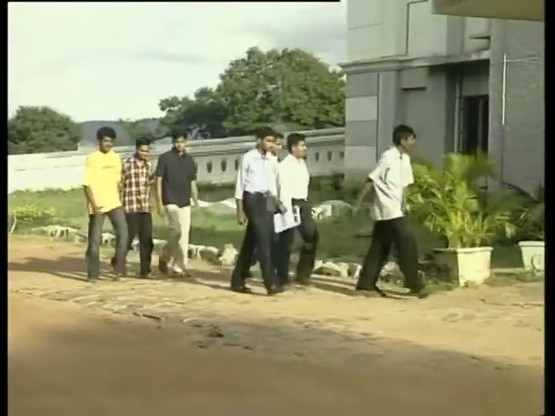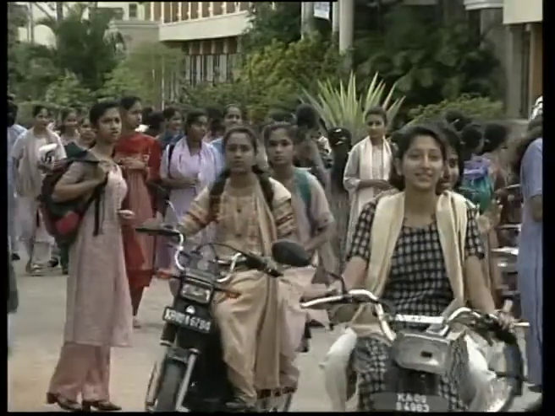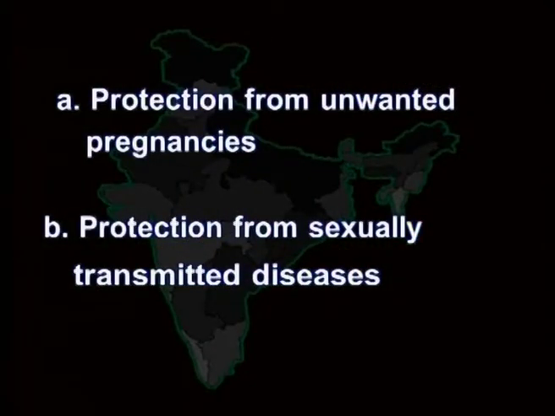In NPP 2000, adolescents have been identified as one of the most important sections of the population who need priority attention. Other than their nutritive needs, the NPP 2000 is aiming at other adolescent problems such as protection from unwanted pregnancies and protection from sexually transmitted diseases.